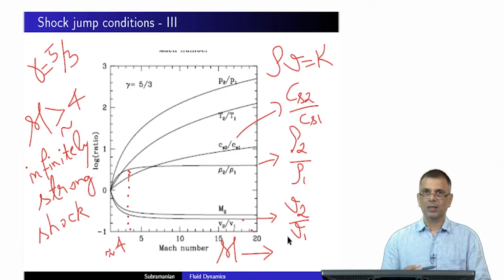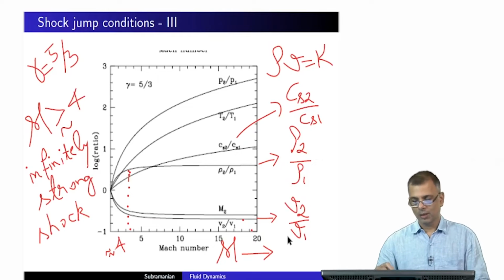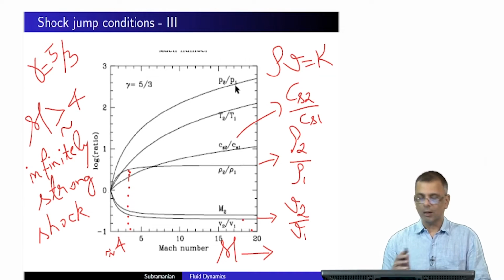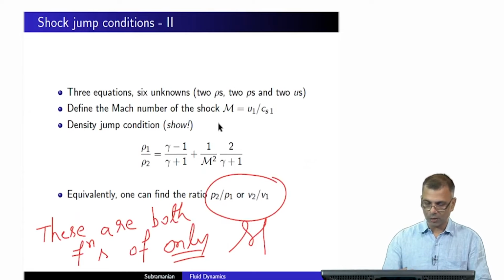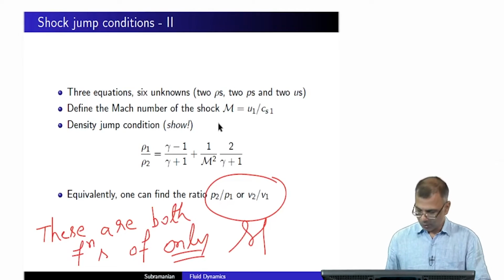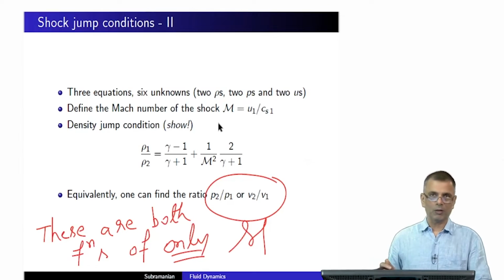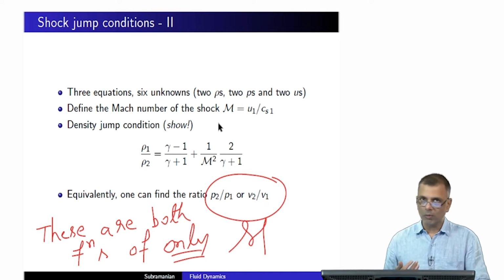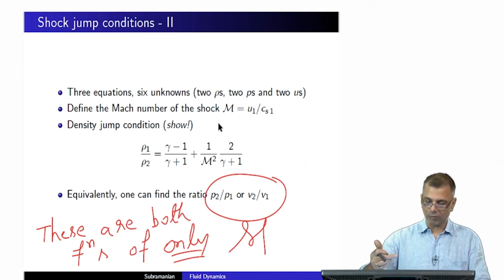By Mach number, we mean upstream Mach number. Similarly, this is the ratio of the temperatures, T2 over T1. This is the ratio of the pressures, P2 over P1. All of these, once you know rho 2 over rho 1, which is what we've written down here, or rho 1 over rho 2 equivalently, it's the same thing. You can immediately write down P1 over P2, T1 over T2, V1 over V2 is just the flip.